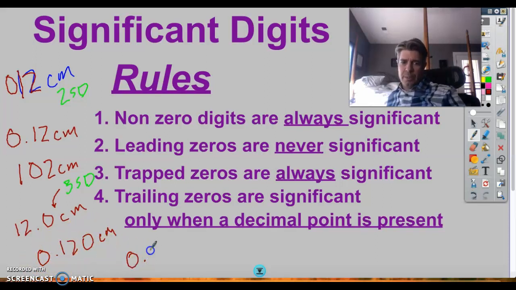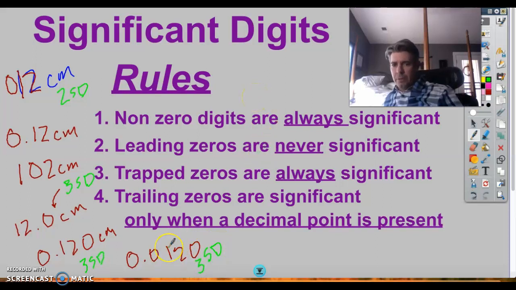Because it could be 0.0120. Leading zeros, neither of those are significant, even though there's a decimal. Trailing zeros are. So this would have 3 significant digits, as would this. 3. Okay, so those are the rules. Write those down. You can always refer to those.